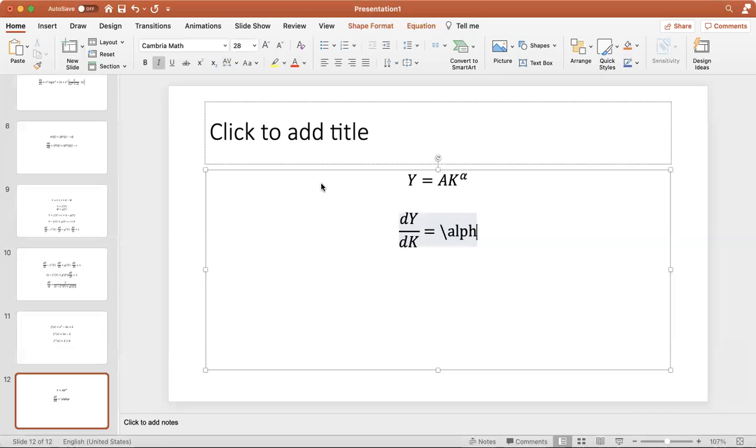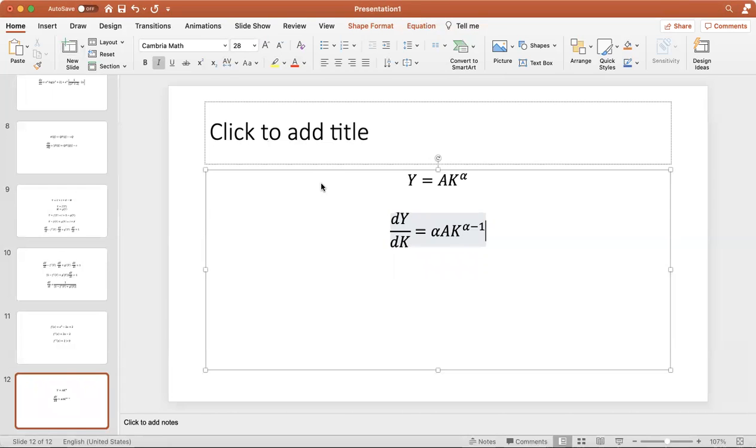By assumption, alpha is positive, and it's between 0 and 1. And we'll also assume that A is positive. So alpha A k to the alpha minus 1. All right.